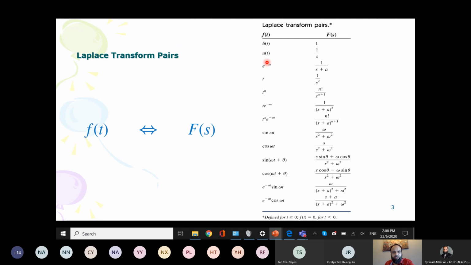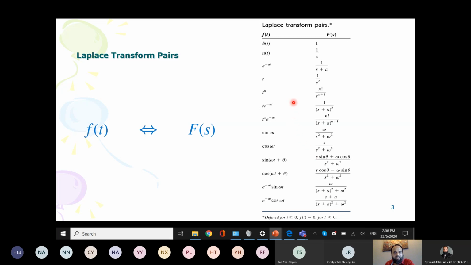So u of t is 1 upon s, e to the minus at is 1 upon s plus a, t is 1 upon s square, and so on. We are defining all these functions for t greater than or equal to 0, and whatever we have before t equal to 0 will be 0 in the time domain.